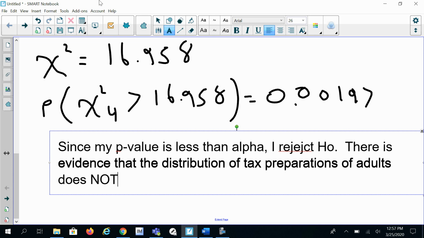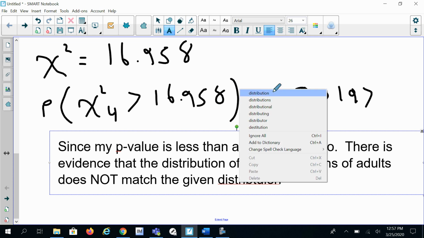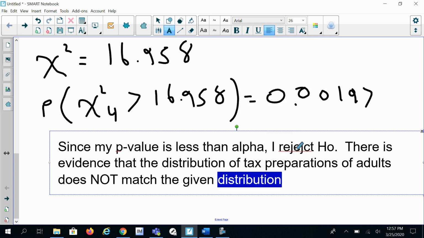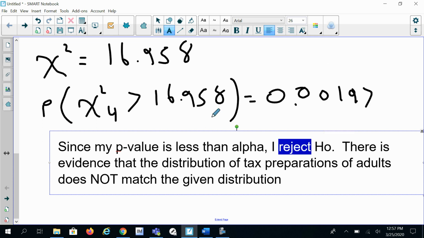Remember, your alternative is not. So do not put it does match. You have evidence that it does not match the given distribution. There you go. Perfect.